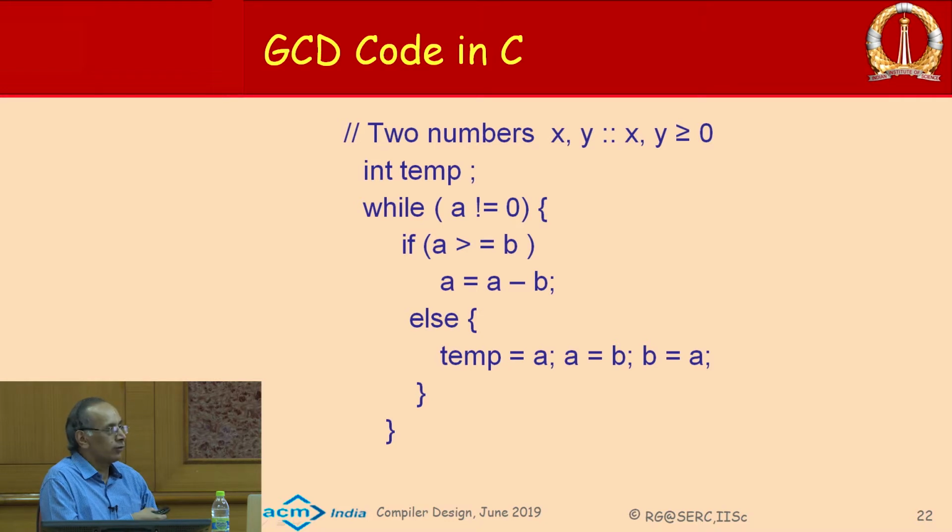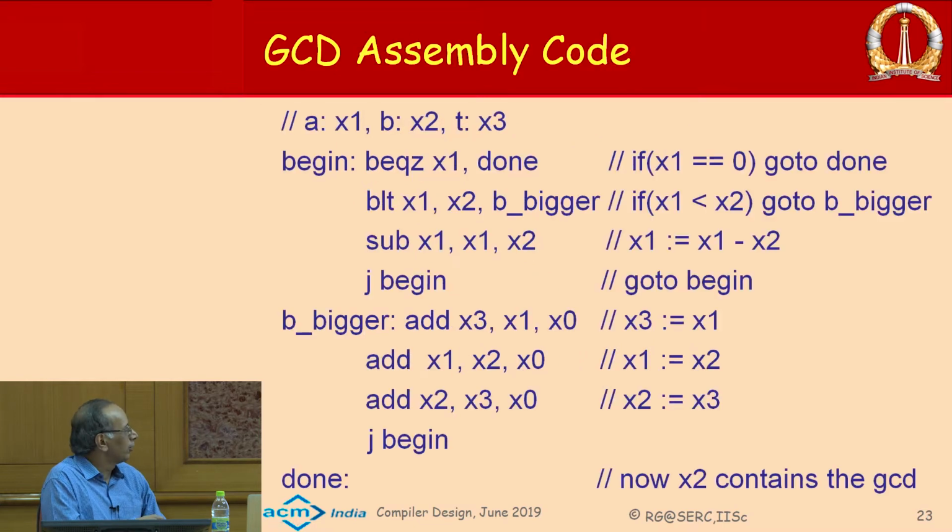In the end, whatever is the remaining non-zero number is the GCD, correct? So let's look at the assembly code. It's only as big as the C code in this particular case. In other cases, of course, it could be much bigger, but at least this one is something that we can easily understand.